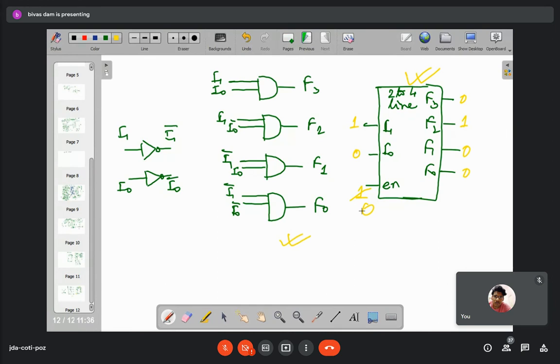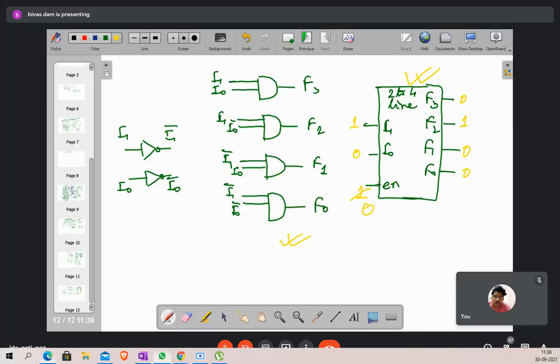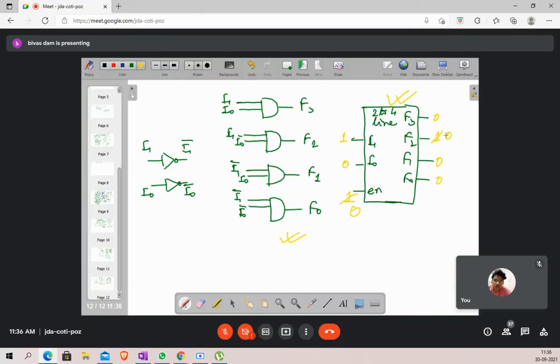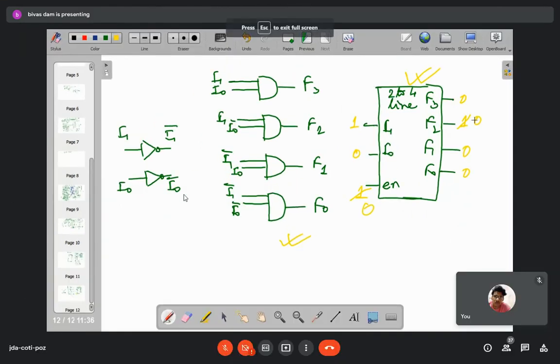Okay, so what will happen to F3? 0. What will happen to F2? 0. What will happen to F1? 0 and 0. Fine. So in case enable input is 0, all outputs will be 0 because the IC itself is disabled, so none of the output can be enabled.